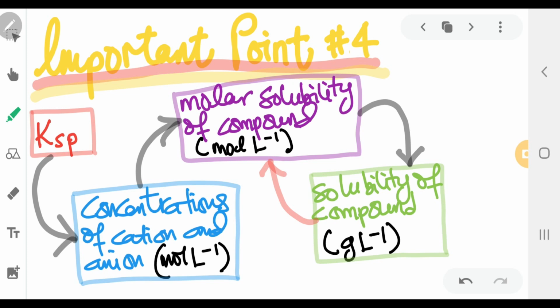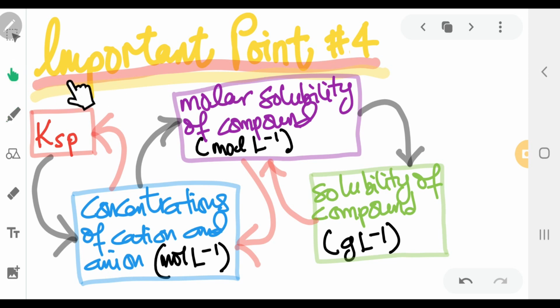So you can convert solubility into molar solubility, and from molar solubility, we can use the ICE table to find the concentrations of cation and anion. And from the concentration of cation and anion, we can use that information to find the KSP value.